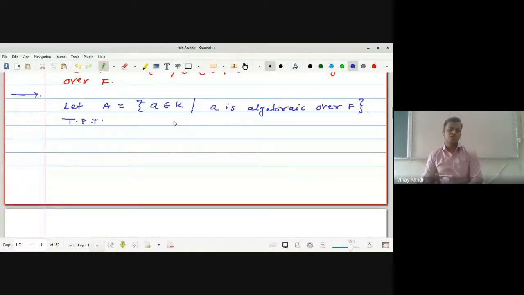That is, we have to prove that capital A is a subfield of K.